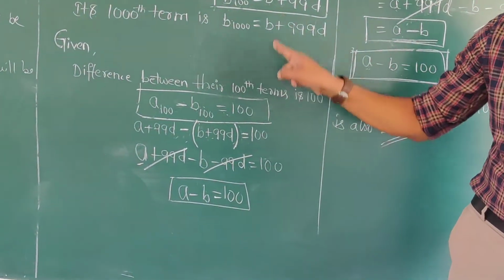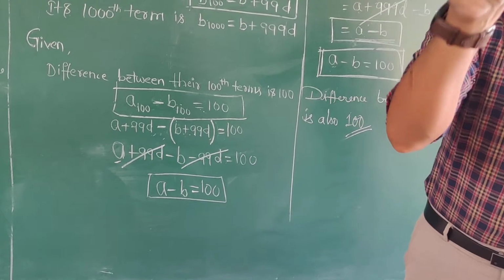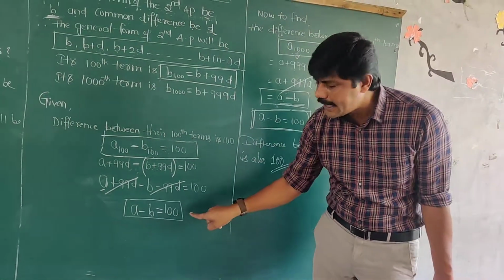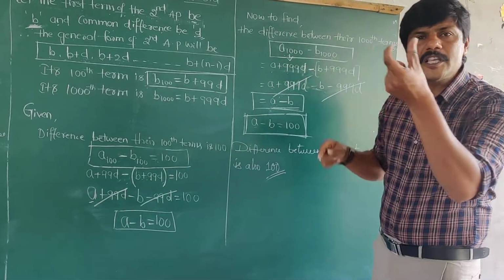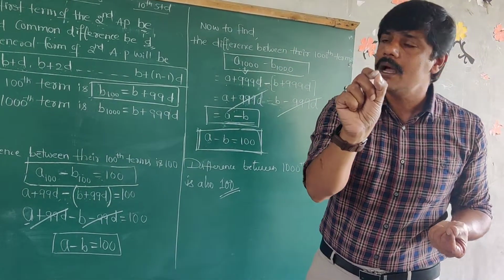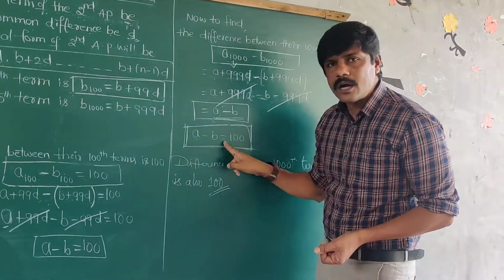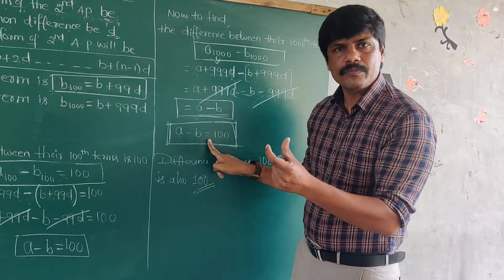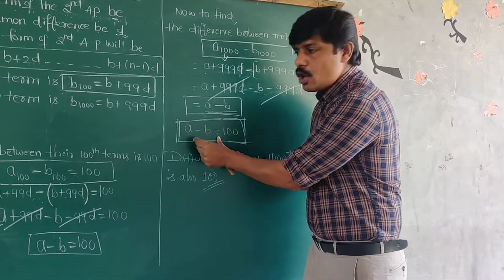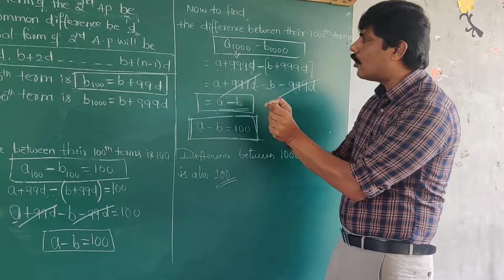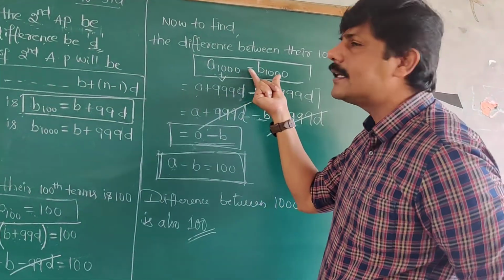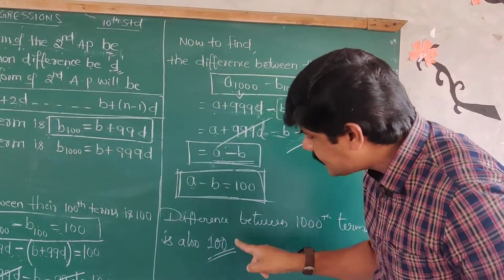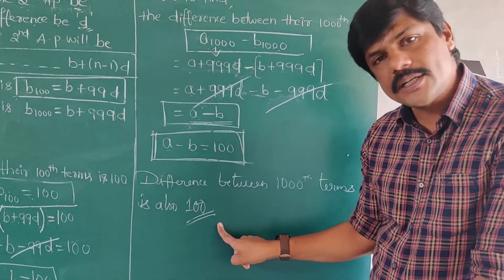After solving that, we got that the difference between the first terms is also 100. After solving the difference between the thousandth terms of the two APs, we got the difference between the first terms, which equals 100. Therefore, finally, we come to know that the difference between the thousandth terms of the two APs is 100 itself. Did you understand, children?